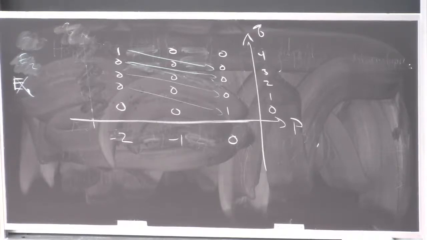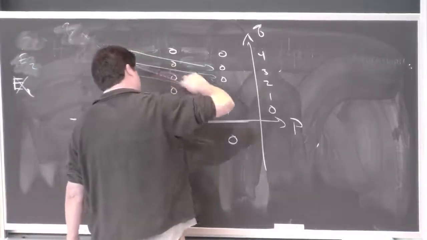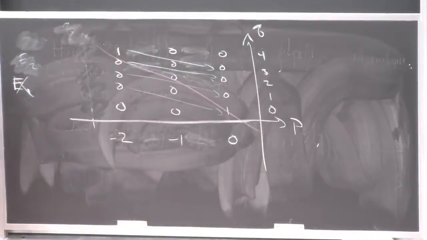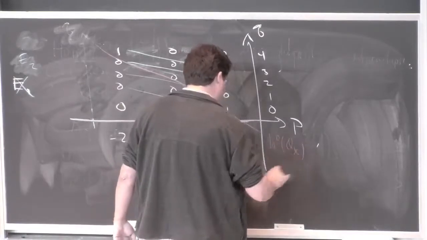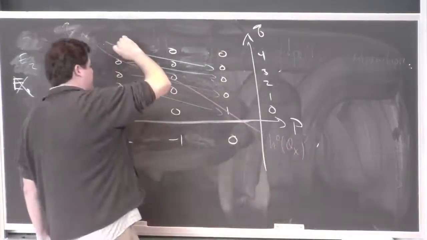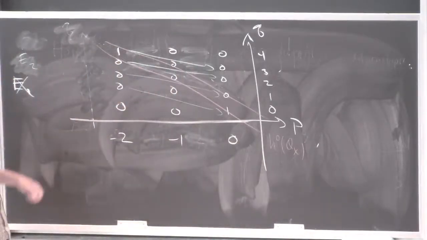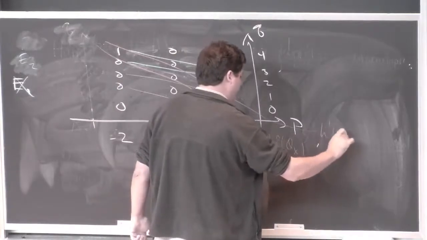And now what it tells you is that on this diagonal here, this diagonal gives me a filtration that computes H0 of OX. And this diagonal, where P plus Q is 1, gives me a filtration that computes H1 of OX.